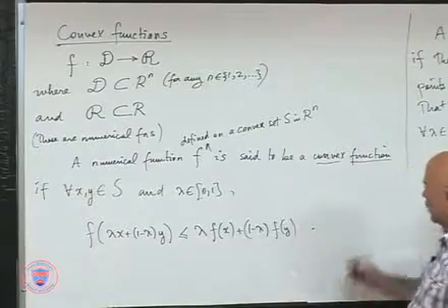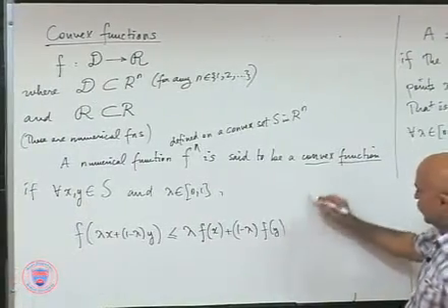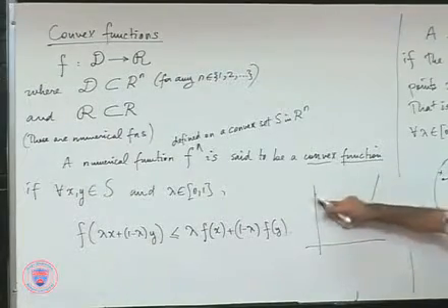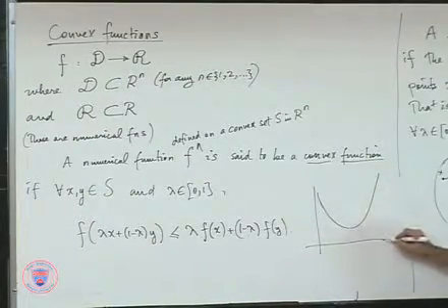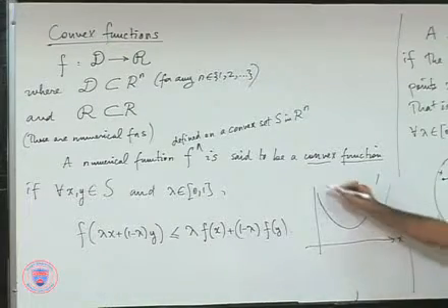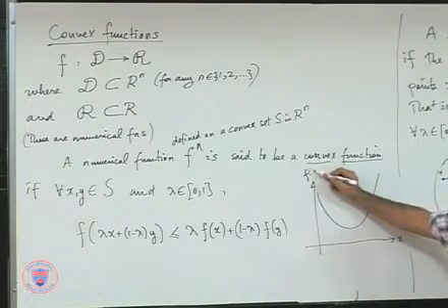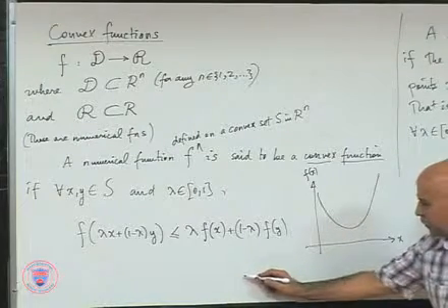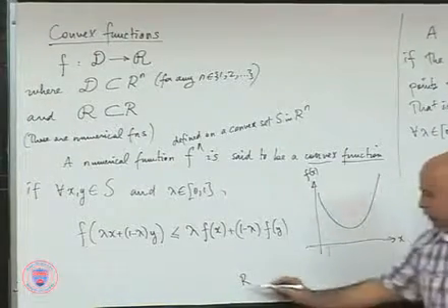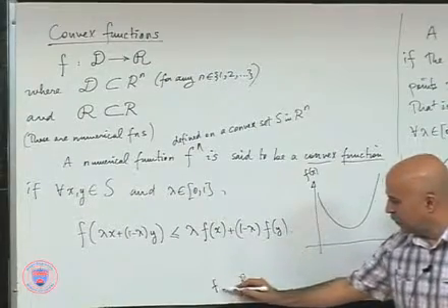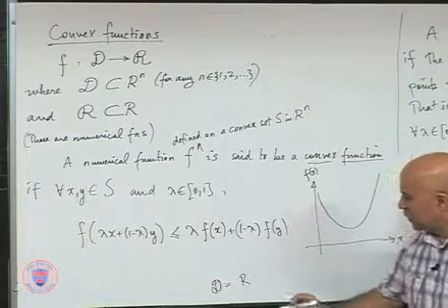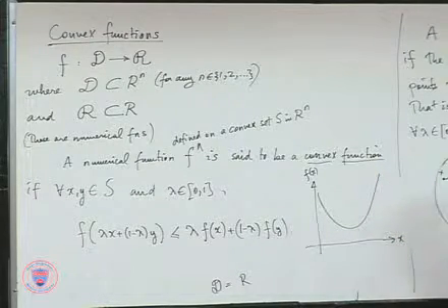So, for a one-dimensional example, if your function looks something like this, with x here, f of x on the vertical axis. In this case, my domain for the function is the real line, and the range is also the real line.